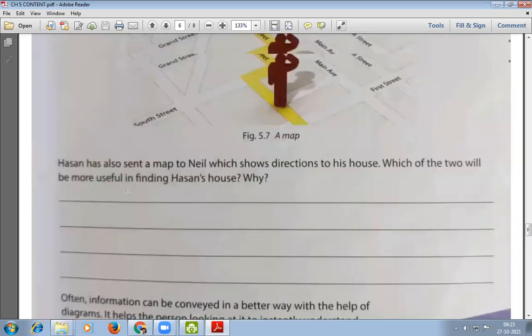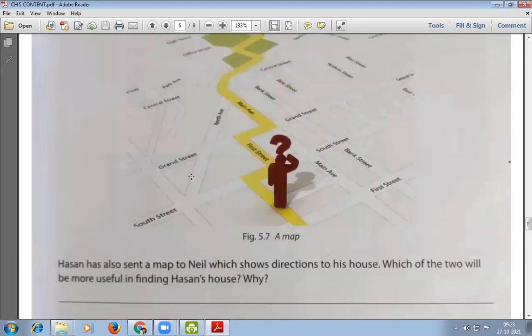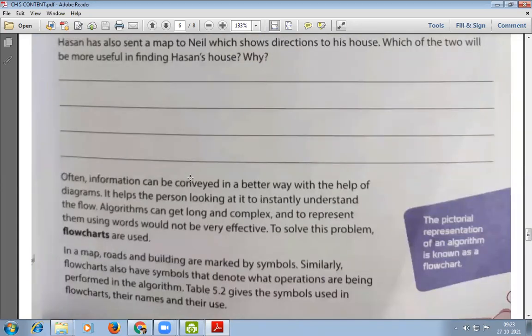So always a flowchart, or a visual representation of an algorithm, is better than writing an algorithm, because sometimes it will be very difficult to convey the statement that we want to say in a statement order, because algorithms can get long and complex.